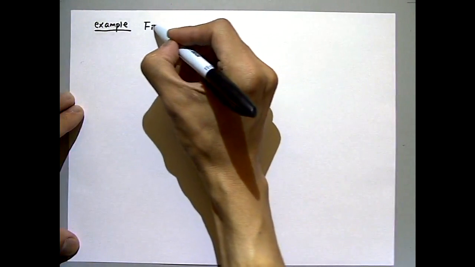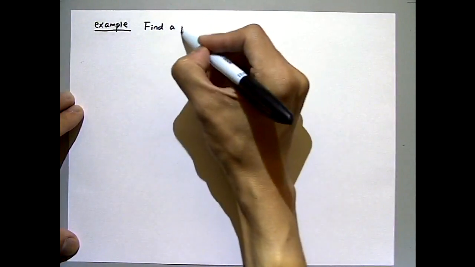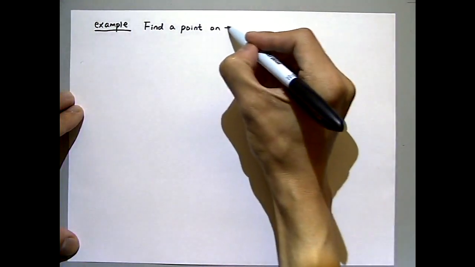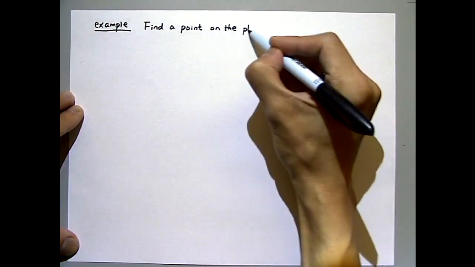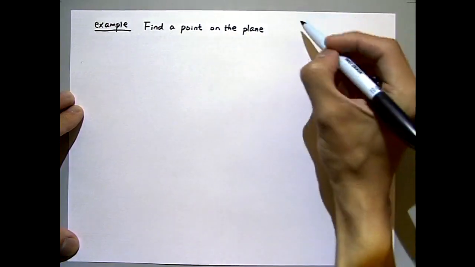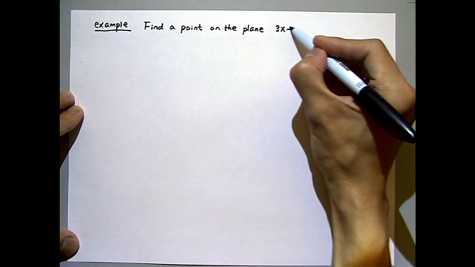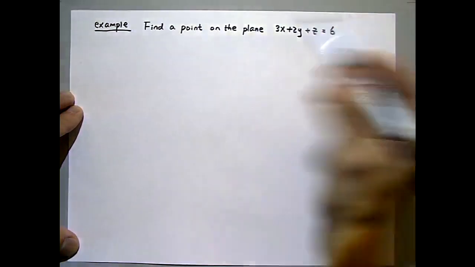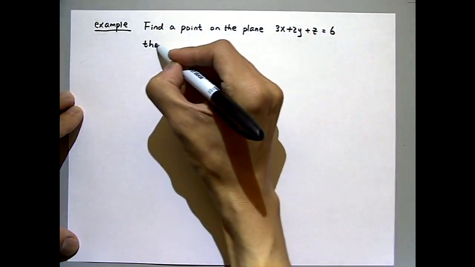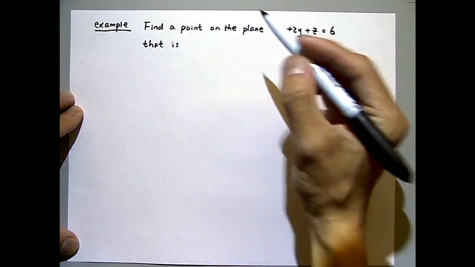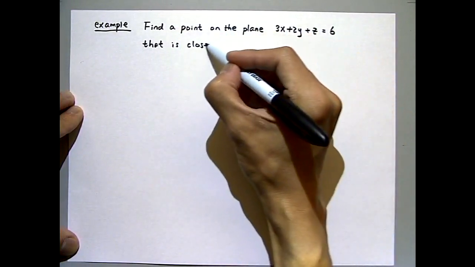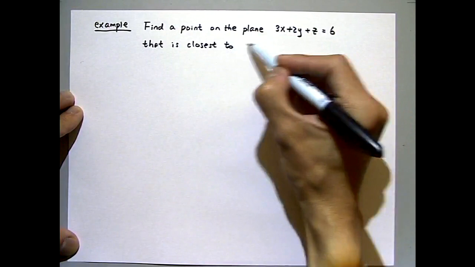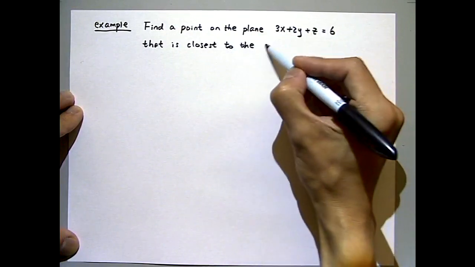In this example, we want to find a point on a plane 3x plus 2y plus z is equal to 6 that is closest to the origin.